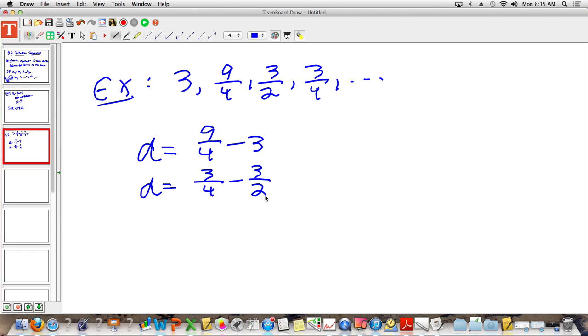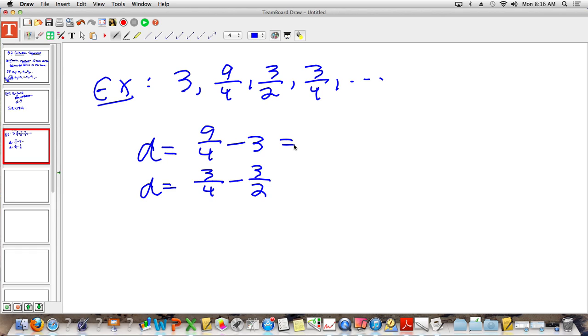What is 9/4 minus 3? What is 3/4 minus 3/2? What'd you get? Did you get negative 0.75? So as a fraction, you would get negative 3/4. Are you okay with this, you guys?